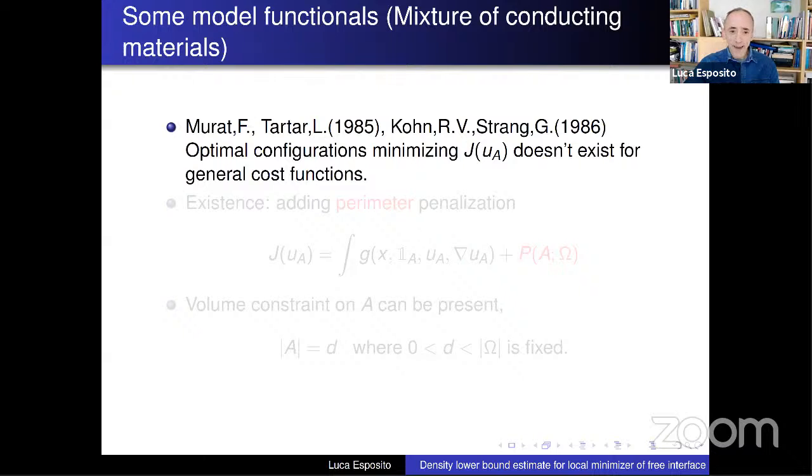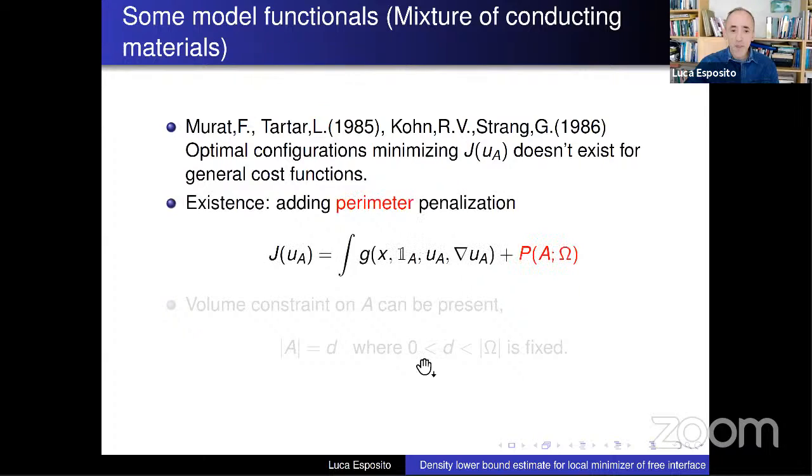To overcome this problem, Murat, Tartar and Kohn, Strang suggested introducing a perimeter penalization. That is, we add in the cost functional the perimeter of the set A, which means the measure of the interface between A and its complement.